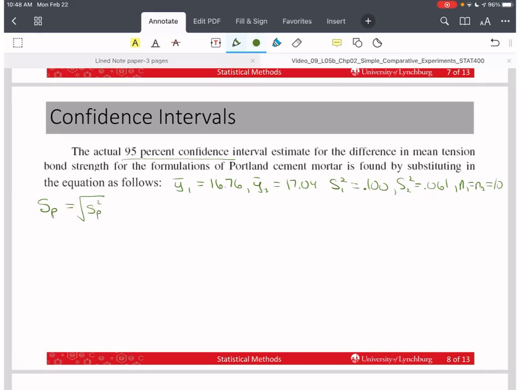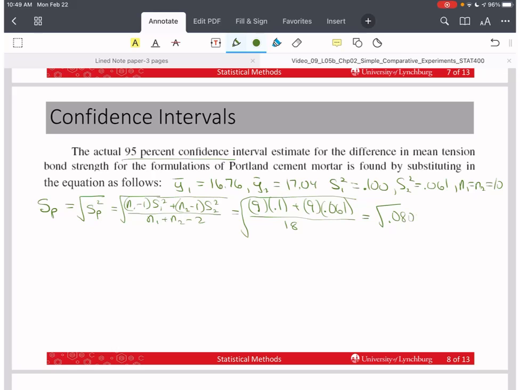root of s sub p squared, which is equal to the square root of n1 minus 1 s1 squared plus n2 minus 1 s2 squared over n1 plus n2 minus 2, which is equal to 9 times 0.1 plus 9 times 0.061 over 18, don't forget the square root, which is equal to the square root of 0.0805, which is approximately 0.284.